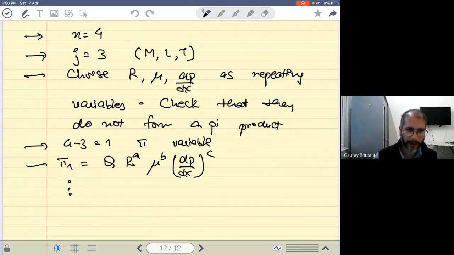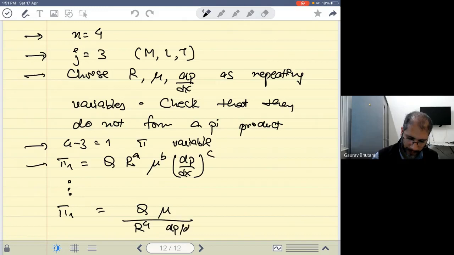Okay, so I'll let you fill in the steps here. I'll just write the final expression, which is pi is equal to Q times mu upon R to the 4 and then dP by dx. Okay, so this is the only pi variable we have.